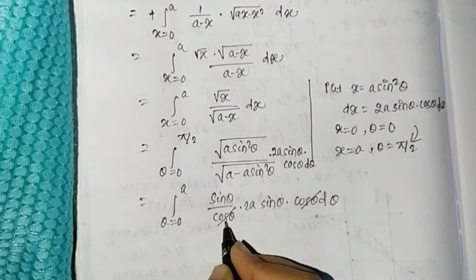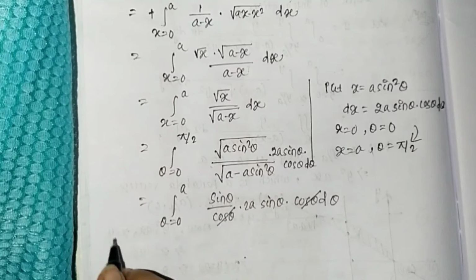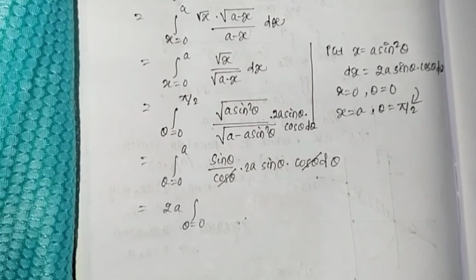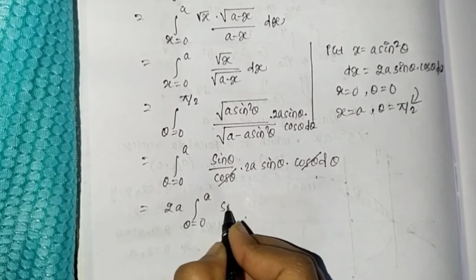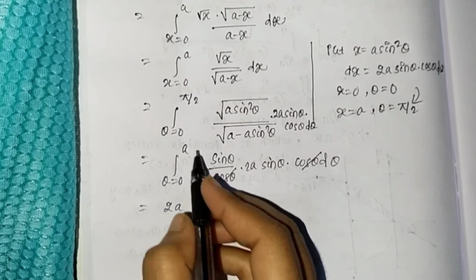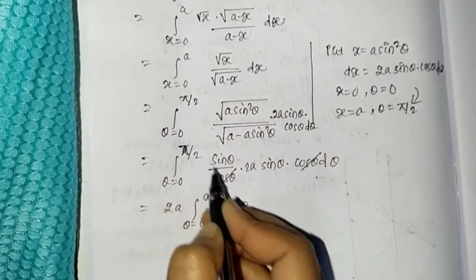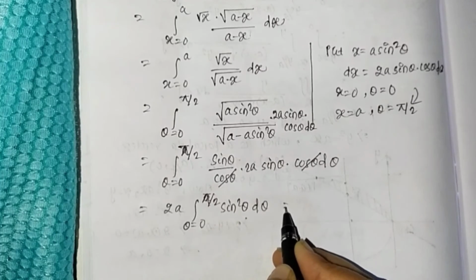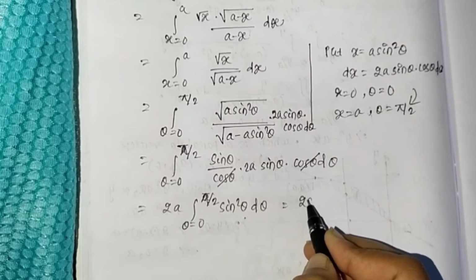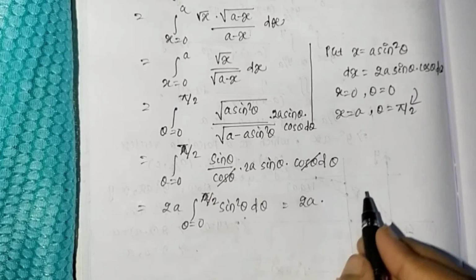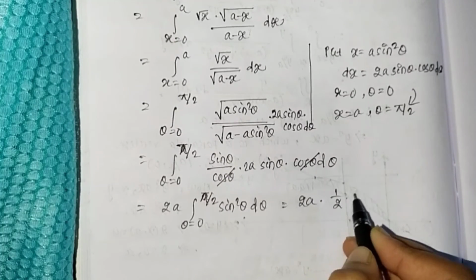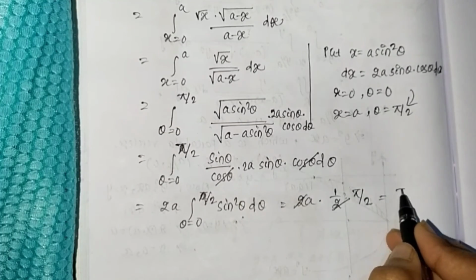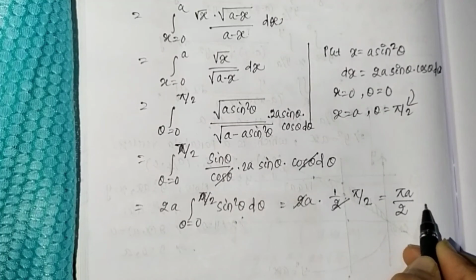Cos theta gets cancelled out, 2a goes outside, that is 2a integration from theta equal to 0 to pi by 2 of sin square theta d theta. So from the reduction formula we get 1 by 2 into pi by 2. So 2 gets cancelled out, then our answer is pi divided by 2.